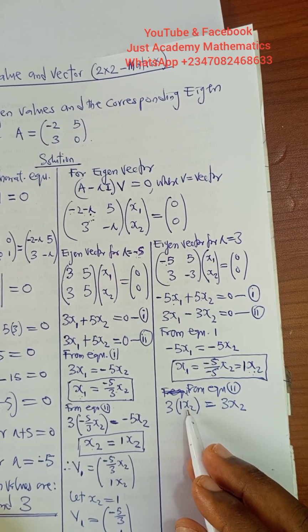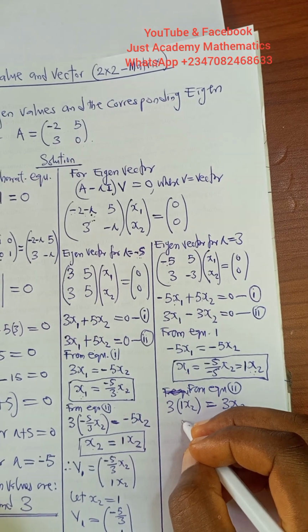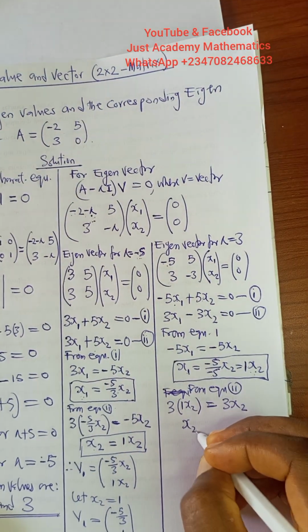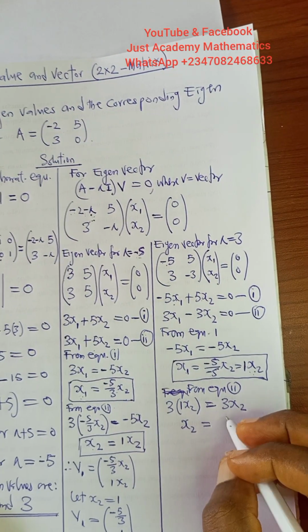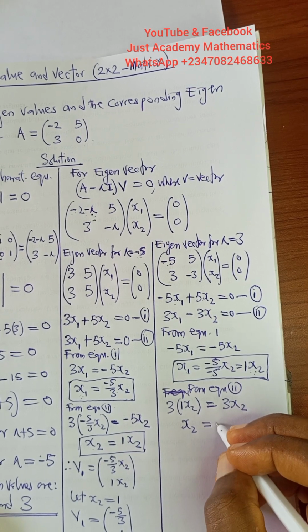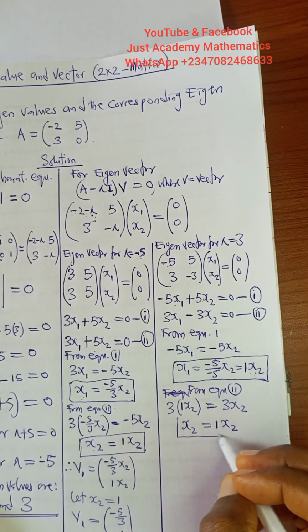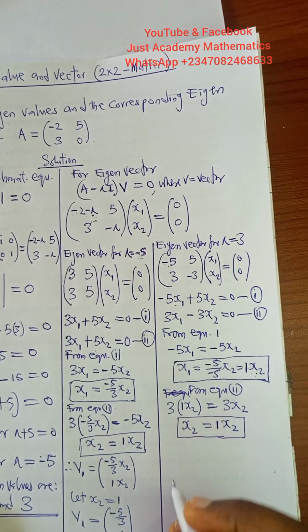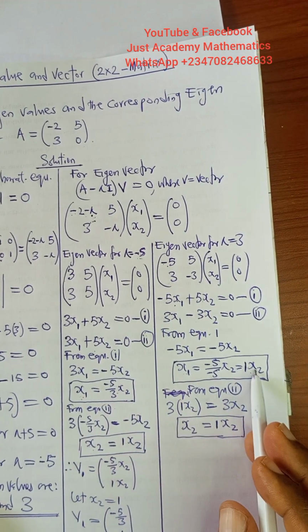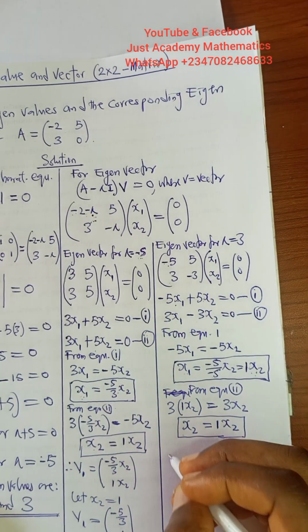So you divide both sides by 3. You have x2 is equal to what? Of course, when you divide both sides by 3, you have 1x2. So this is the value of x2 in terms of x2. x1 in terms of x2, x2 in terms of x2.